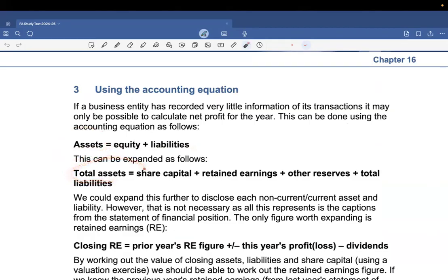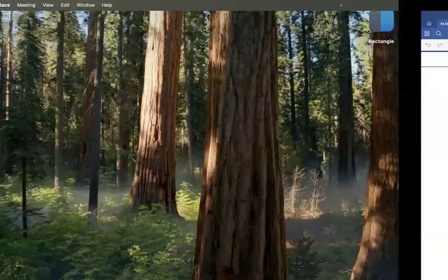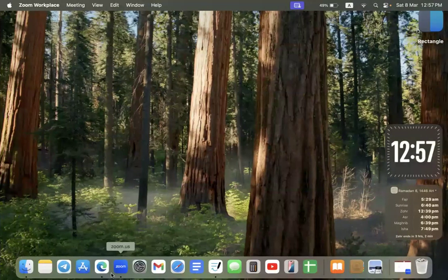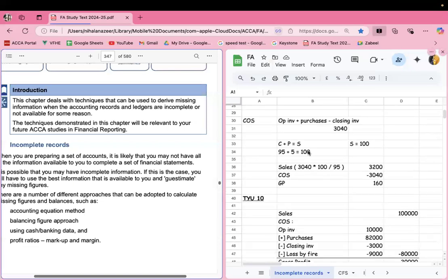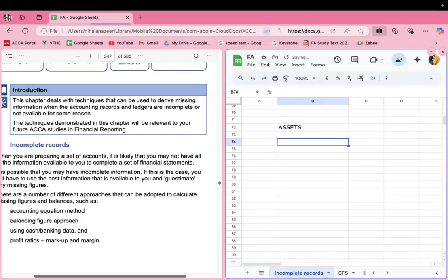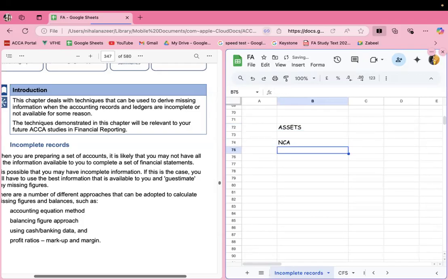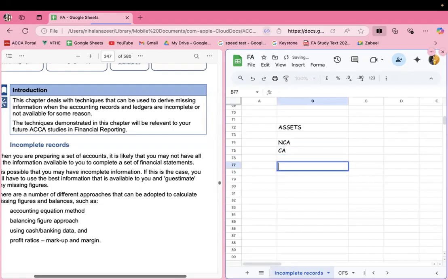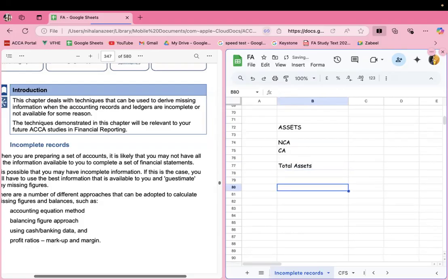Remember, when we studied the financial statements, we have assets here, and we have non-current asset, current asset, and after that you have total assets. And then you have got equity and liabilities.